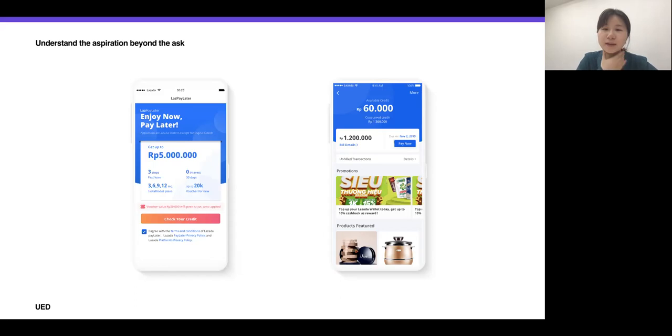So in the case when installment happens, the design is drastically different from any other market. We just show how much you have to pay in this cycle, and we put all the other parts in unbilled transactions, which made it less anxious for the customer, and in a way they could understand.